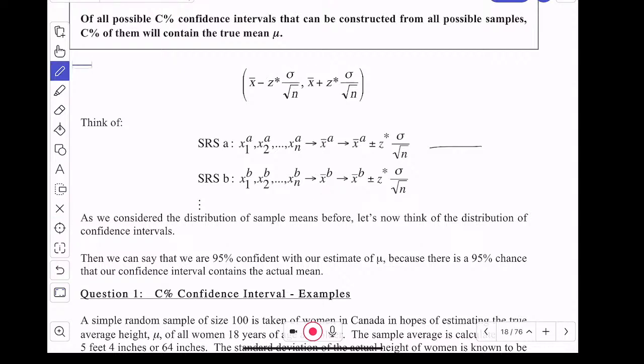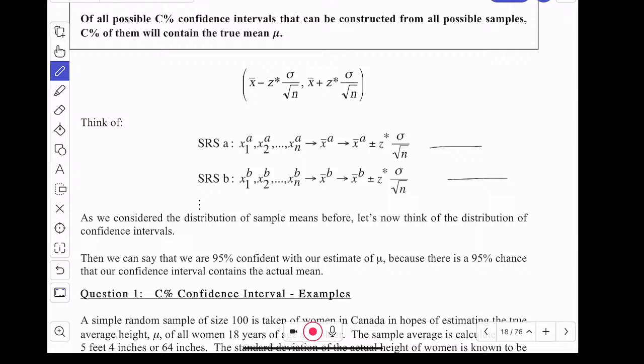And that confidence interval, I could plot it here. So you imagine it on a number line. They should be the same interval, right? Because the margin of error is the same for each. So it's just about the positioning of the mean that makes them different. So here are my confidence intervals, and I could have several. For all possible samples, I can imagine having all of these.